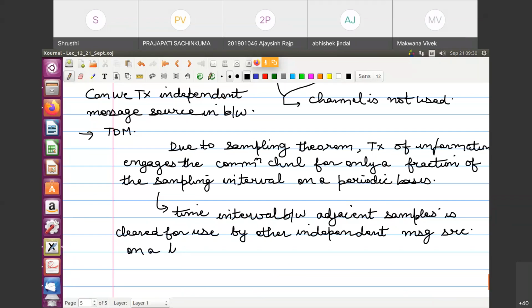Okay, this is the complete thing. Whatever I explained about, I have written it down.